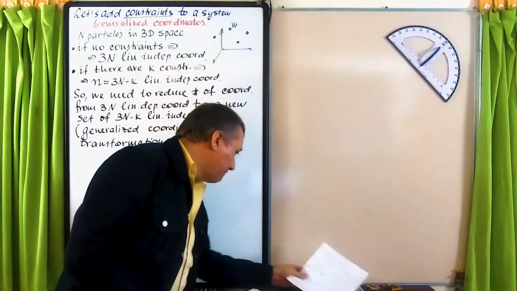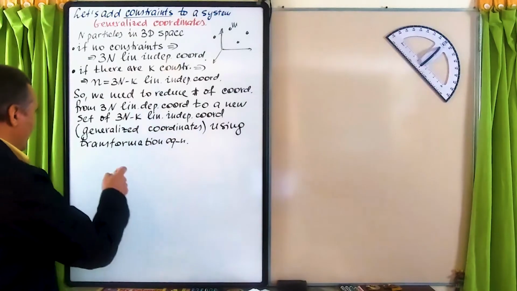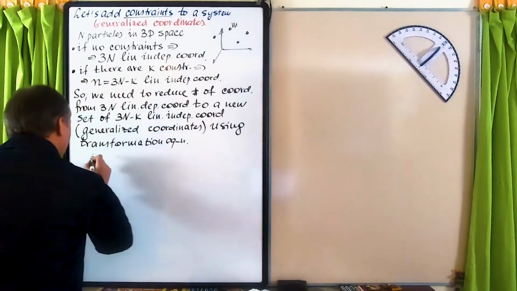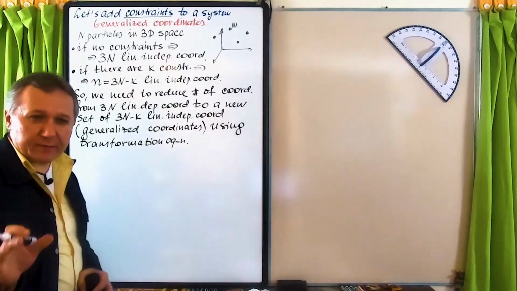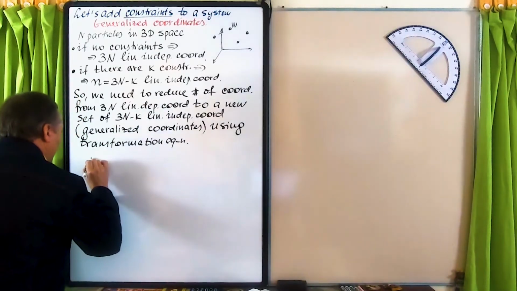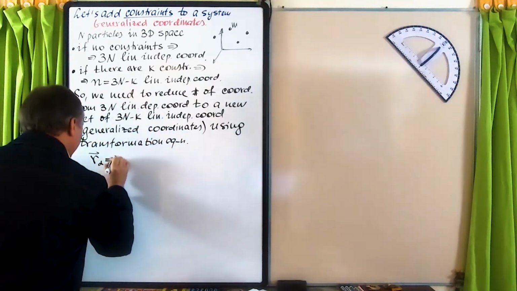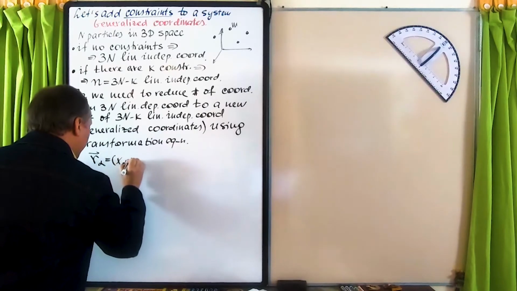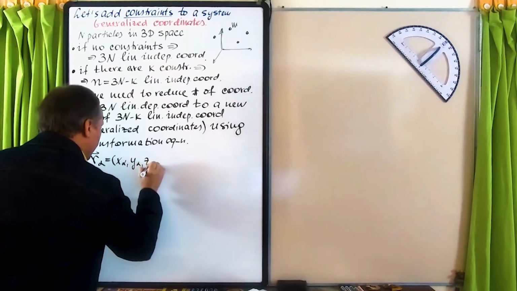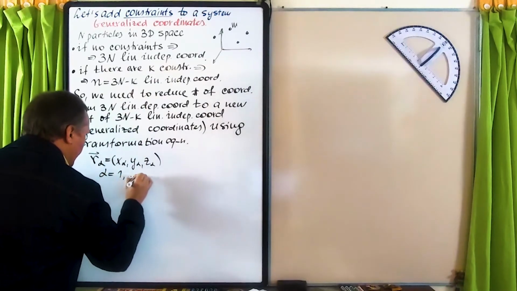Okay, so now let me write something in terms of equations. Again, as I said, most of the time we will start with Cartesian coordinates. So from r alpha, that's a set of coordinates x alpha, y alpha, z alpha, where alpha spans from 1 to n.